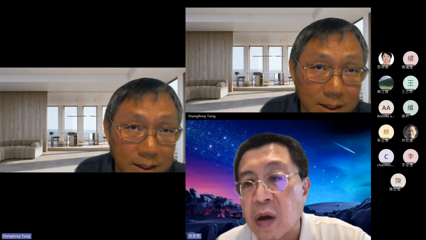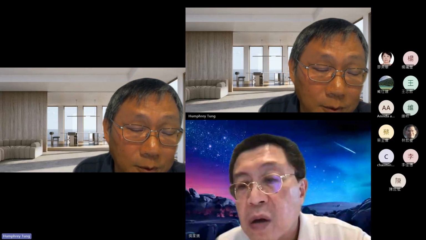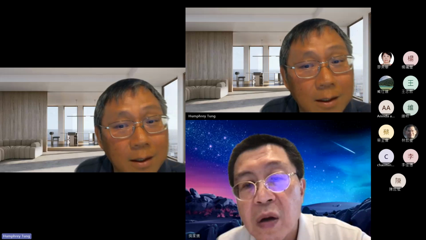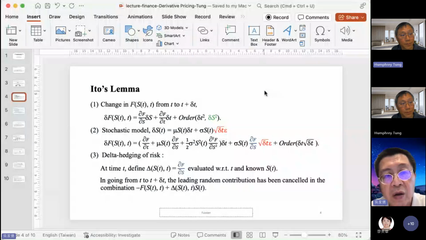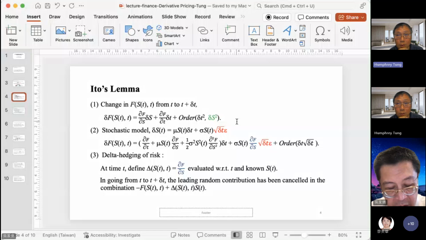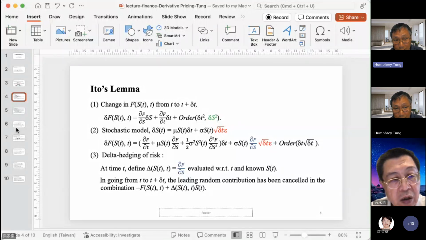Because in the market you also have options being traded, you have option prices. Your model, with mu and sigma, will give you a formula that includes these two parameters.